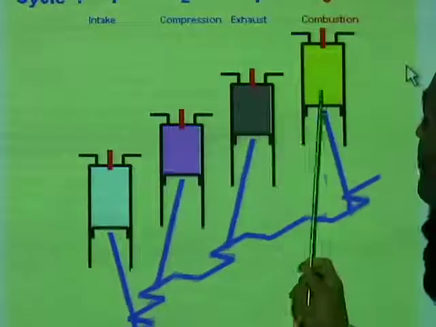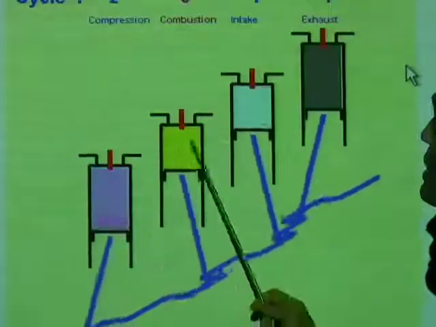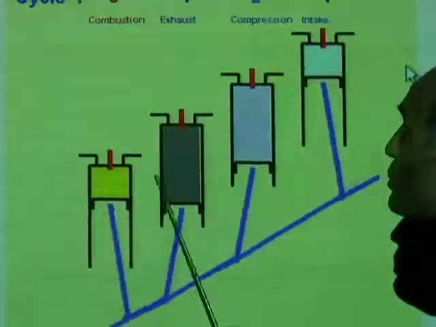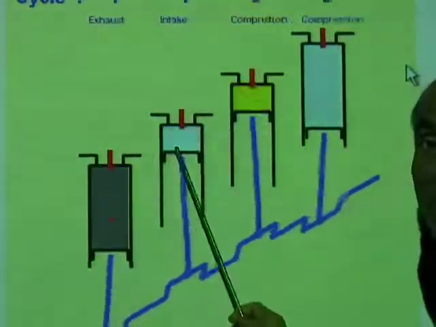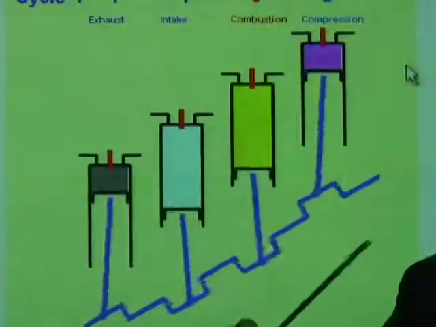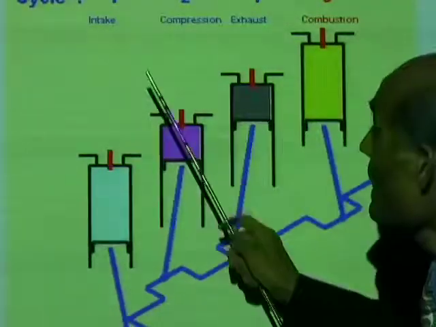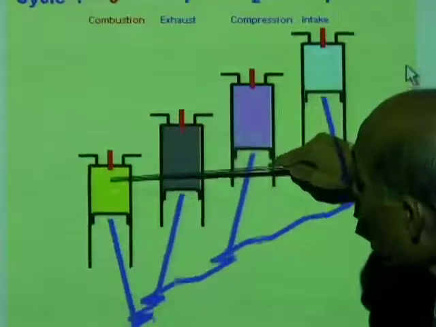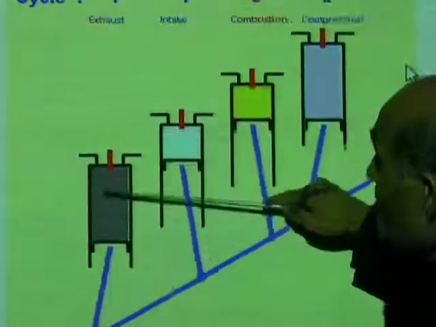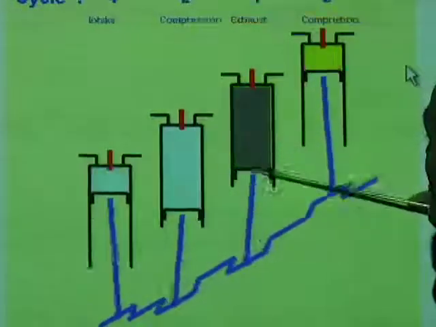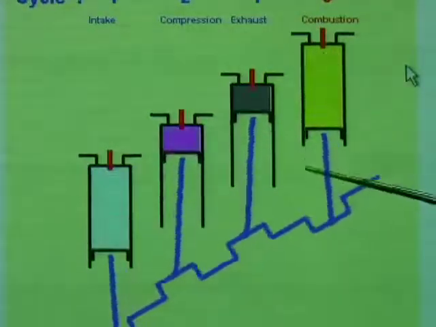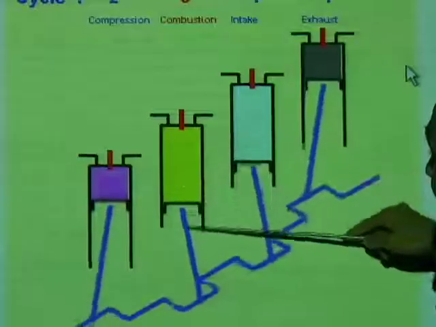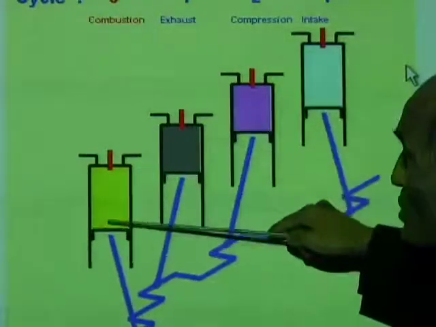You see? And if you notice, each of these cylinders will go through these 4 cycles one after the other, so that energy gets delivered. Remember, the useful energy gets delivered only on the combustion stroke, only the yellow stroke. You see, useful energy here, useful energy here, useful energy here, and useful energy here.